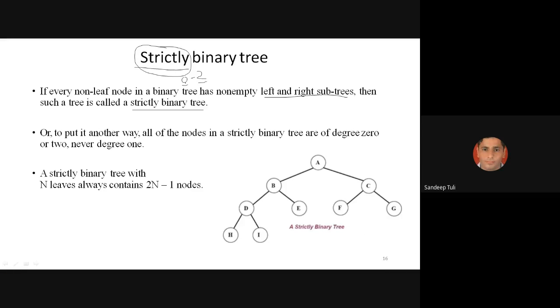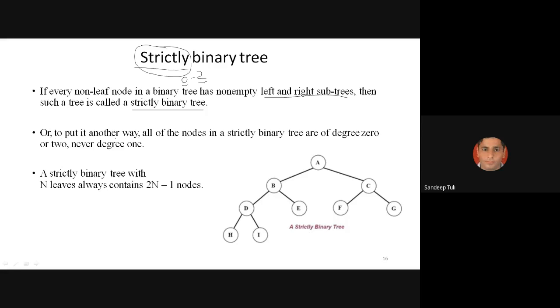In short, every non-leaf node must have two children. Like you can see in this diagram also, except H, I, E, F, G, which are the leaf nodes, every node must have two children. And all the leaf nodes by default have zero children. That's why we have to include 0 here, otherwise it is only 2.